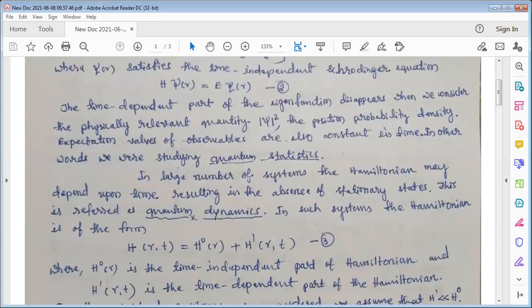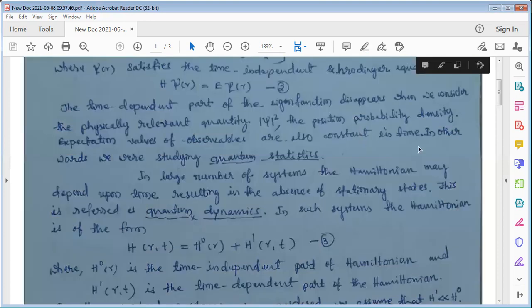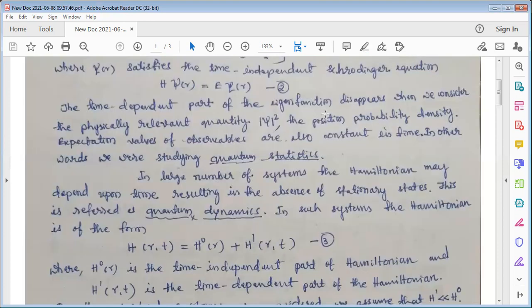But in a large number of systems, the Hamiltonian may depend upon time, resulting in the absence of stationary states. So when you are studying the quantum statistics, there will definitely be stationary states. The stationary states are very, very important.